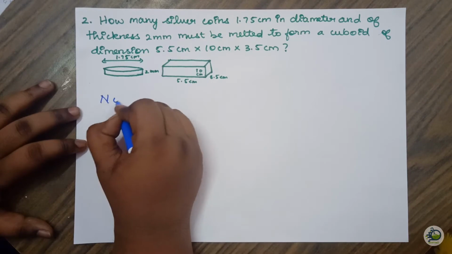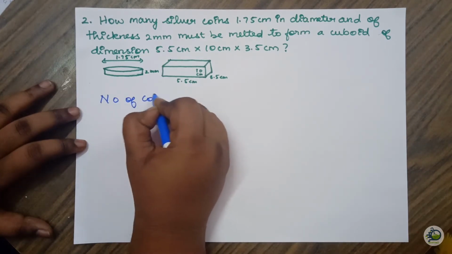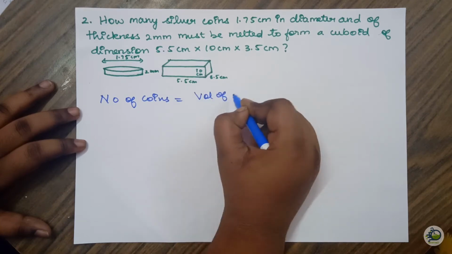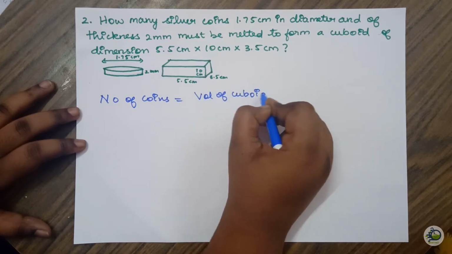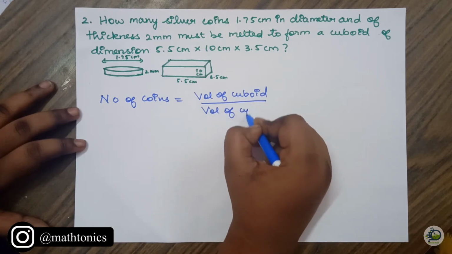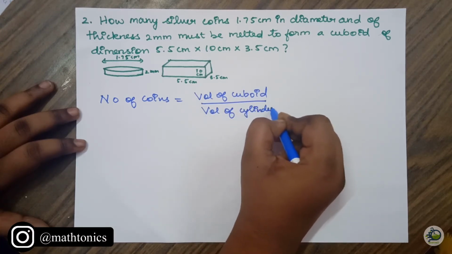So number of coins is equal to volume of cuboid divided by volume of cylinder, that is the coin.